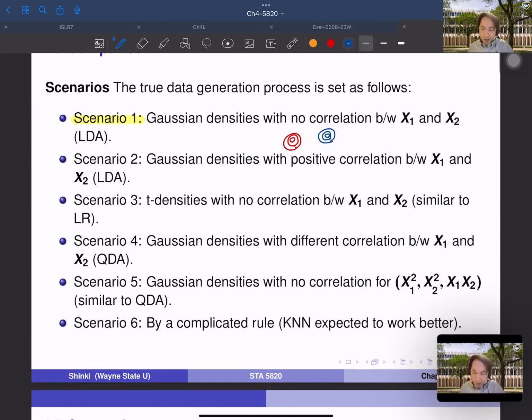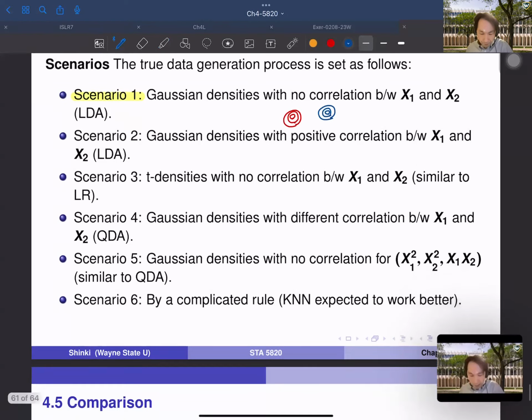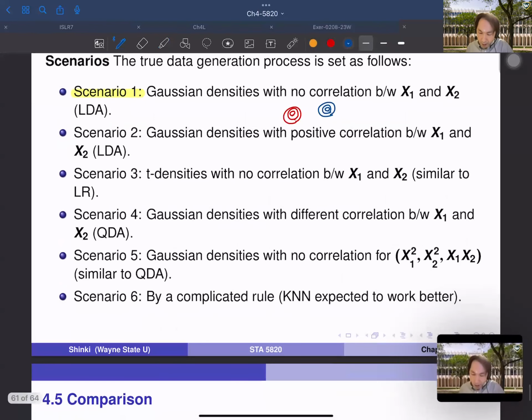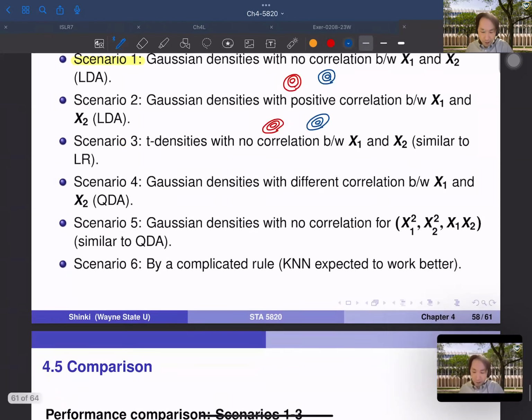So the shapes are the same and there is no correlation between x1 and x2, so the contour plots are all circular. Scenario 2 has Gaussian densities with positive correlation between x1 and x2, but it's a common density. So we have this density and this density, correlated, but the same for the 2 groups.